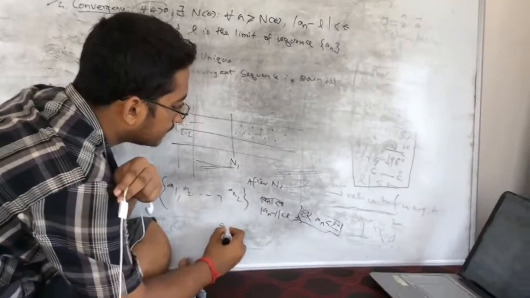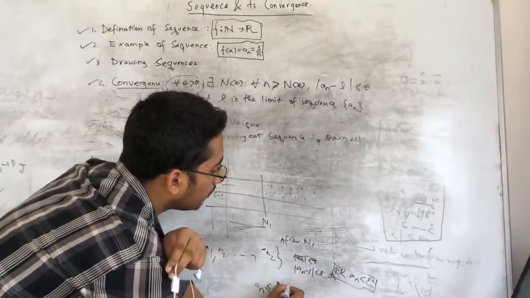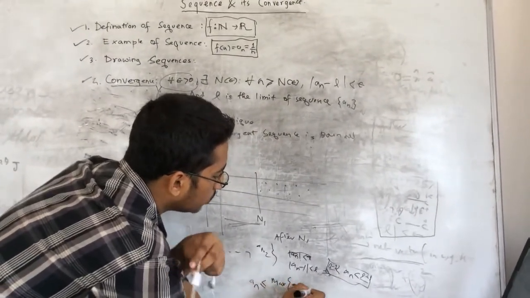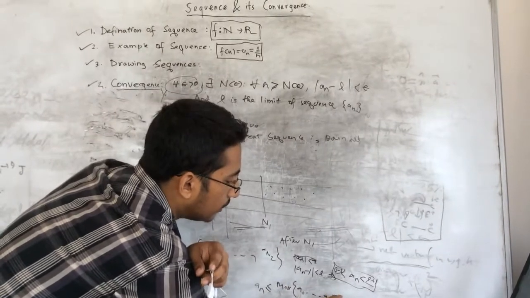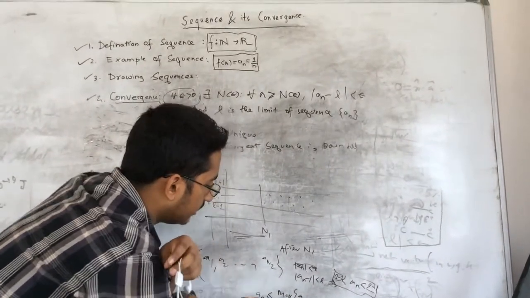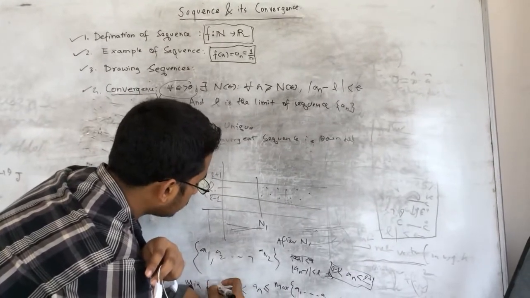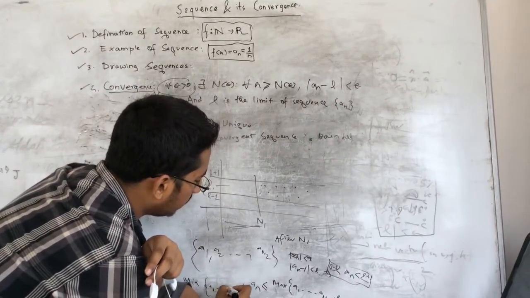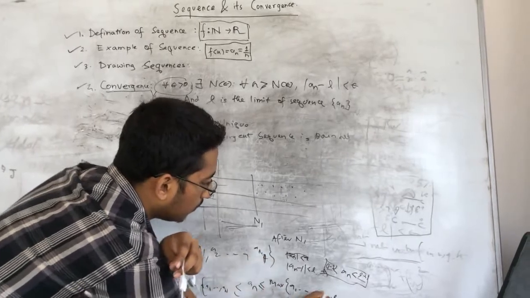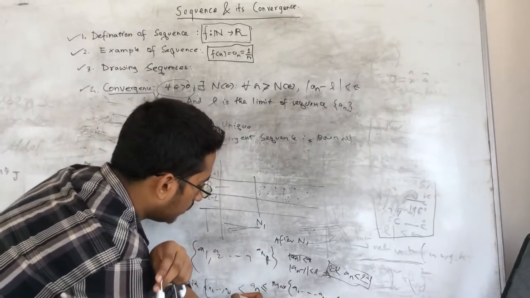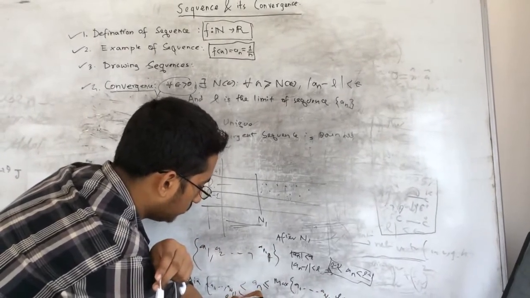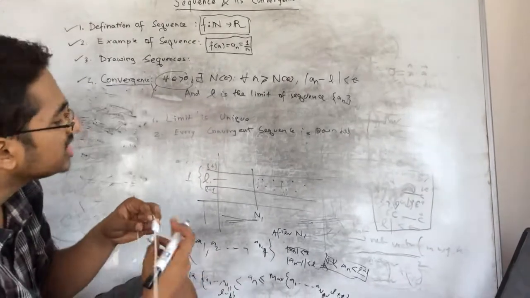So a_n is bounded between the maximum of a1, a2 up to a_{n1}, comma L plus 1, and greater than or equal to the minimum of a1, a2 up to a_{n1}, comma L minus 1, and see, it's bounded and it's easy, right?